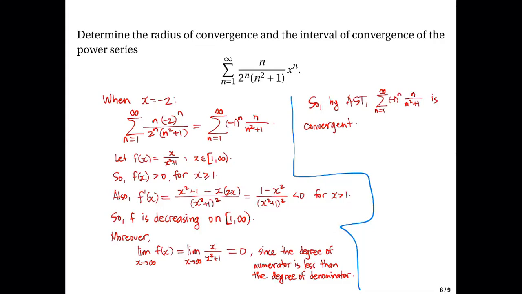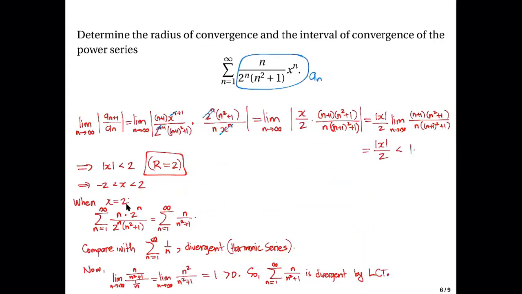Okay? Which gives us the conclusion that the interval of convergence is, so earlier, at +2, we have a divergent series. So we do not include this +2.